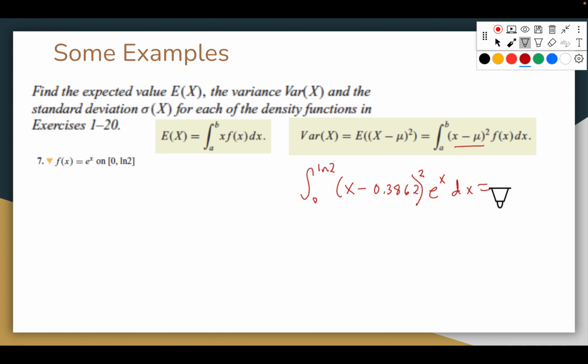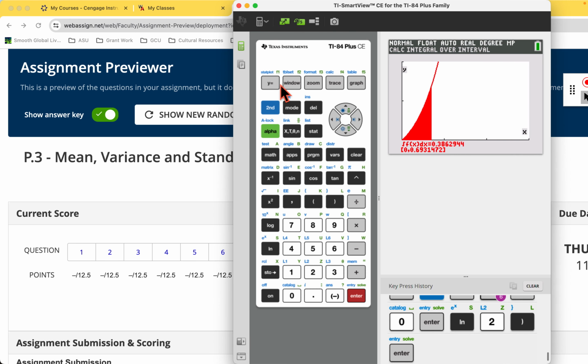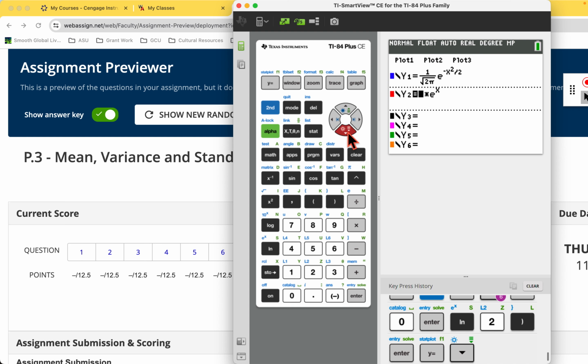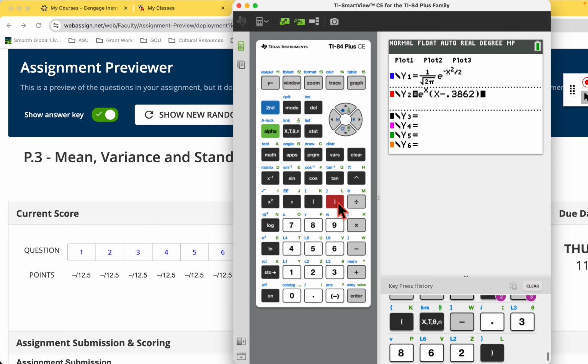And again, we don't actually have to integrate this by hand. That would be a mess, integration by parts, but we just need the answer. What is the variance? We go to our calculator and put this in. I'm going to delete these two things and put it on the back side. So I'm going to do a parenthesis, which means times x minus 0.3862, squared.